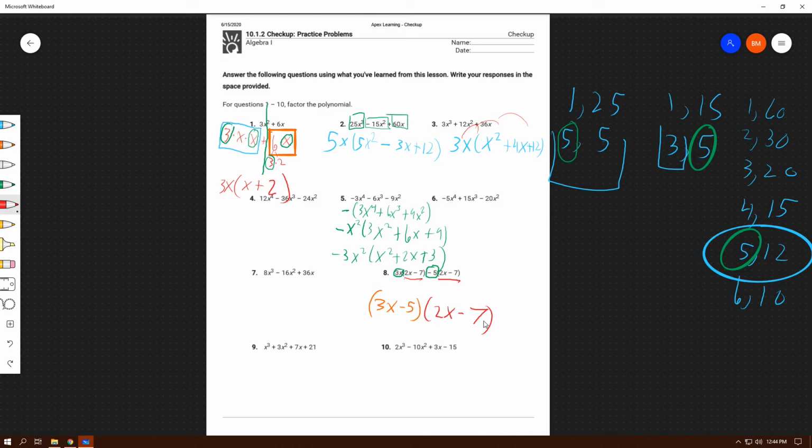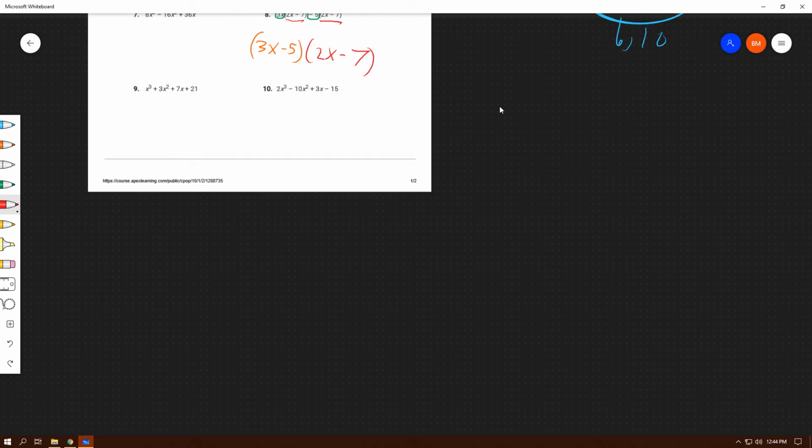All right, cool. So how do you do it if you actually have a full problem like number 9? Well, how I'm going to do this is I'm going to factor the first 2, and I'm going to factor the last 2. X cubed plus 3x squared, what can I take out of this? I can take out an x squared.